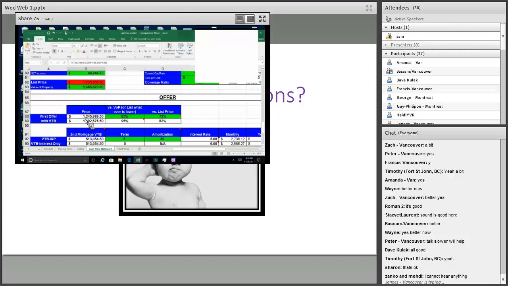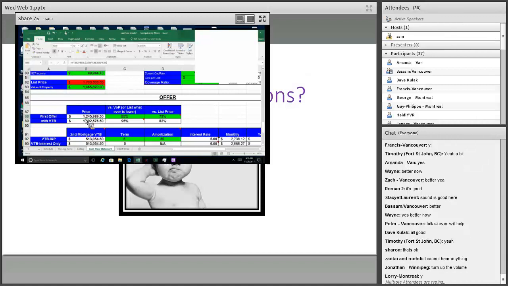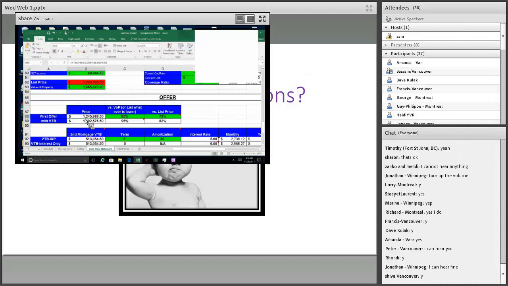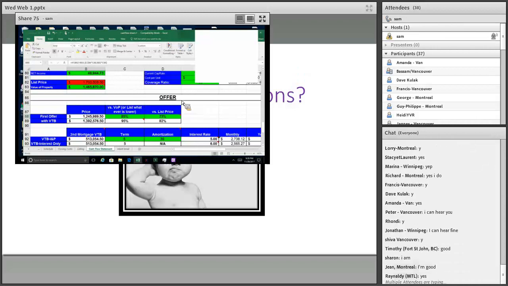Now that's a cash offer. Cash offer. You can't hear anything. Are you guys hearing me okay? Turn up the volume. Let me ask you something here. I'm going to try something.